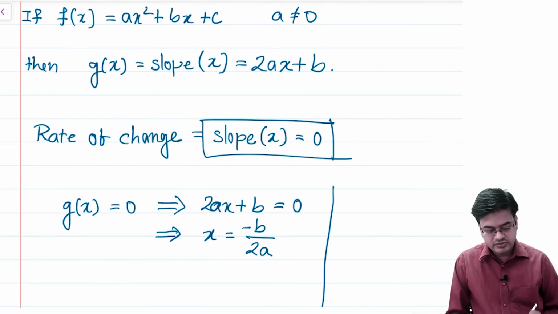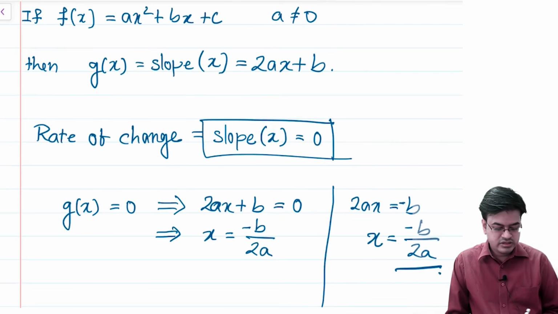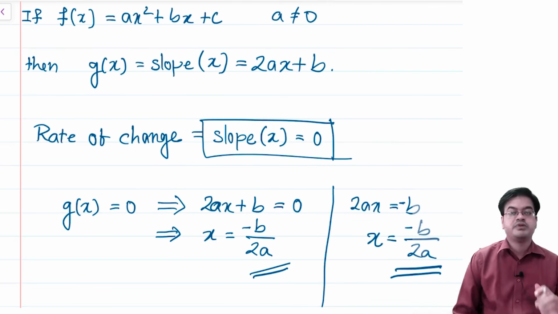If you are unsure of the calculation, let me do it for you. 2ax is equal to minus b. a is not equal to 0, this is the assumption. Therefore, x is equal to minus b by 2a. Okay, so this is how I got this number minus b by 2a.